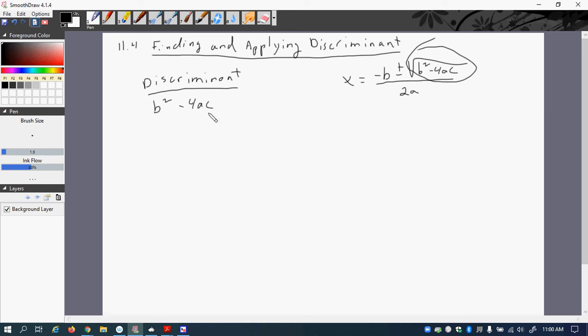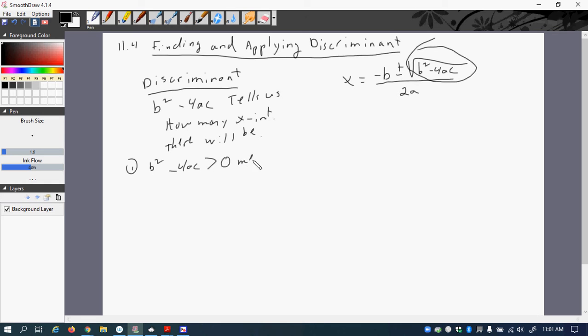And the reason why is it tells us how many x-intercepts there will be. Okay? And so if we look at the three cases, the first one is b squared minus 4ac greater than 0.